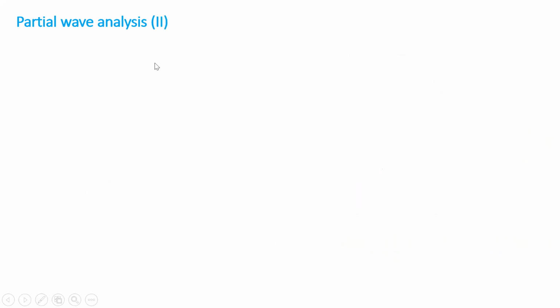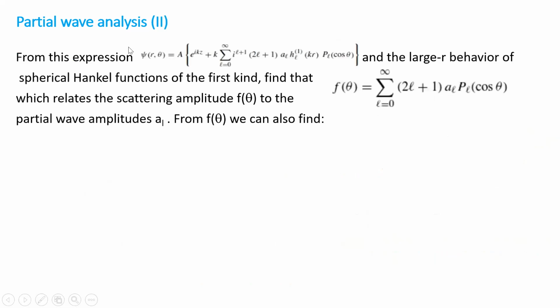Okay, so moving along to the partial wave analysis. From this expression we were just looking at on the previous slide, A e^{ikz} plus a constant times our partial wave amplitude times the spherical Hankel function times the Legendre polynomial, which is part of the spherical harmonic.